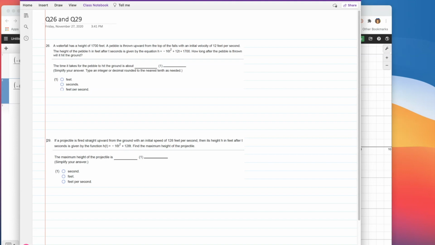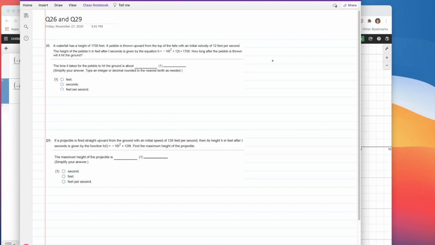And then a pebble is thrown upward from the top of the falls with an initial velocity of 12 feet per second. The height of the pebble, h, in feet after t seconds is given by this equation, and it is a quadratic equation. How long after the pebble is thrown will it hit the ground?